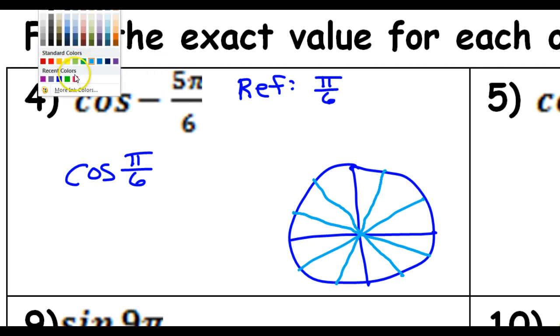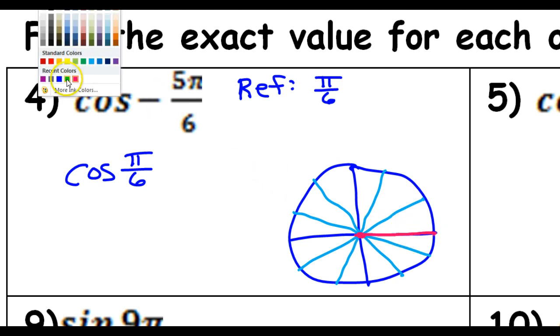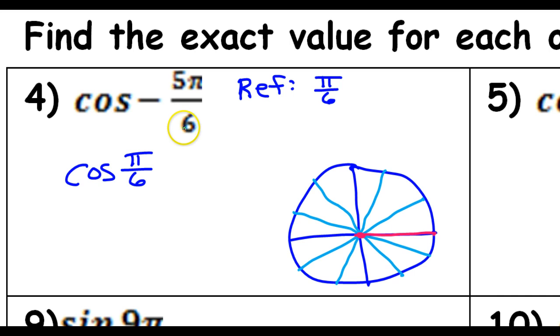So if I were to start out here in standard position, positive x-axis, and then proceed to go negative 5 pi over 6, that's in the clockwise direction, the negative direction. So that would be negative 1, 2, 3, 4, 5. I would land here.